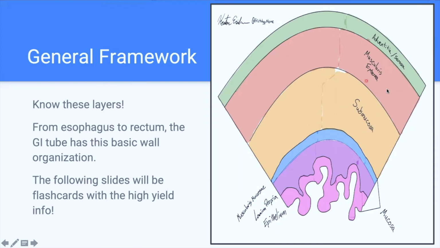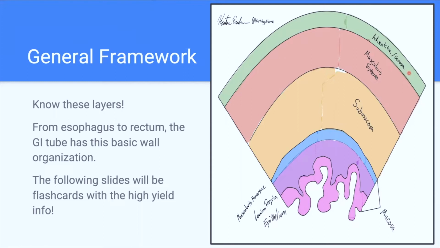Our muscularis externa layer, with the exception of the esophagus, is going to be a smooth muscle layer, often thick for our GI system, that is responsible for moving the contents of our GI system along distally. And then finally, we have a connective tissue layer on the very outside, termed adventitia or serosa, depending on where you are.